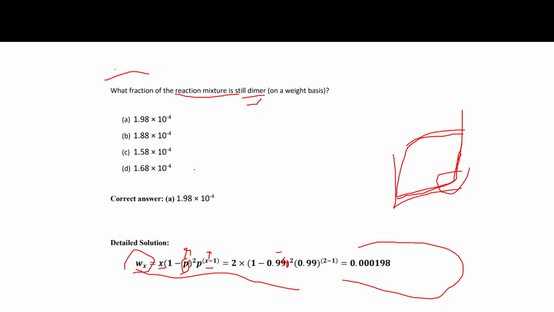So the answer is matching with this or not? With 0.99. No, sir, it was not matching for this, it seems, sir.